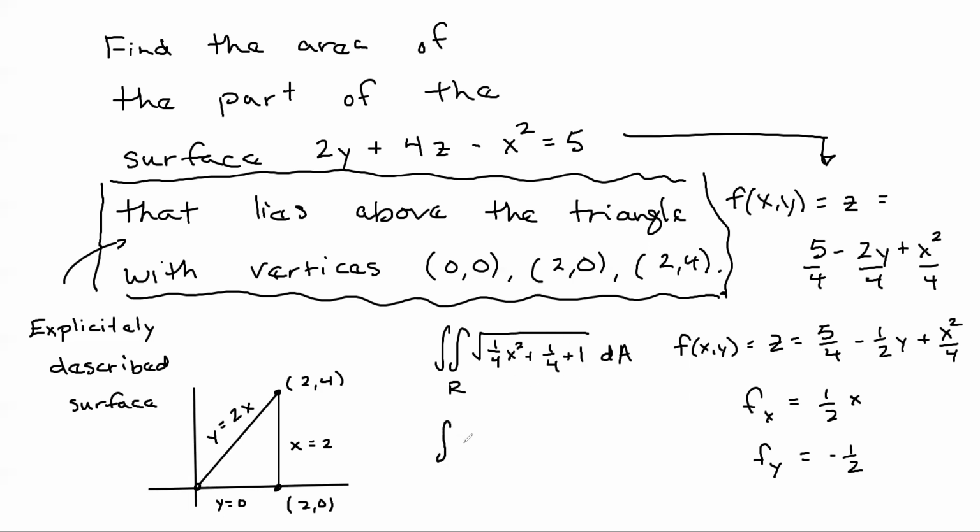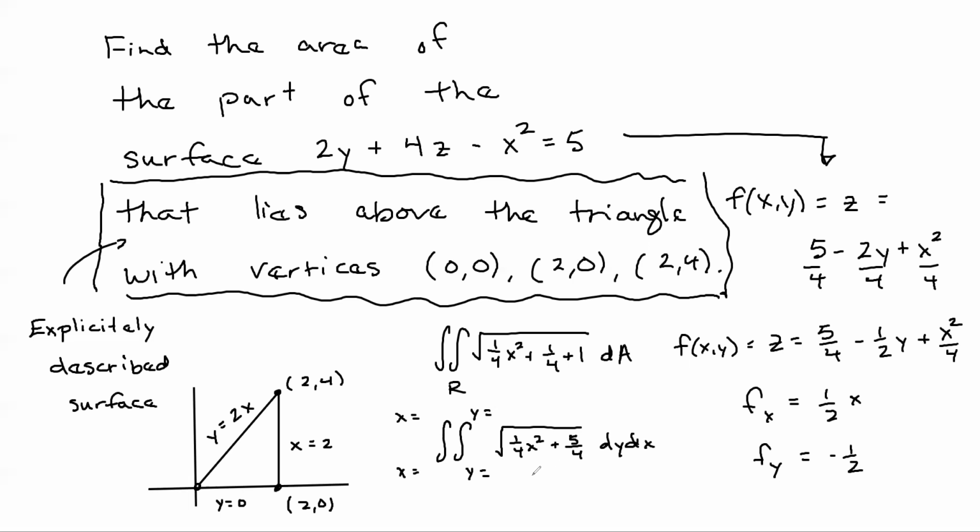So that suggests we should do type 1, where you have y equals to y equals, x equals to x equals. And then this becomes the square root of 1/4 x squared plus 1, which is 5/4, and we get dy dx.